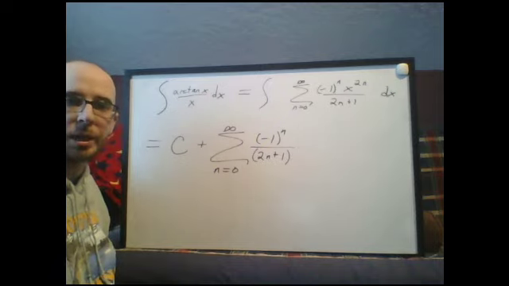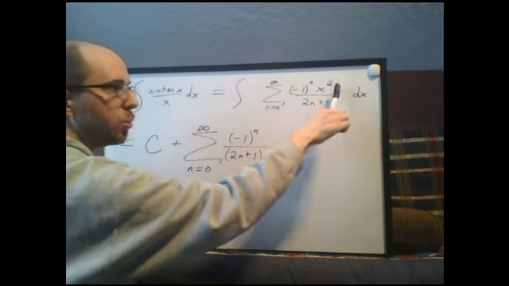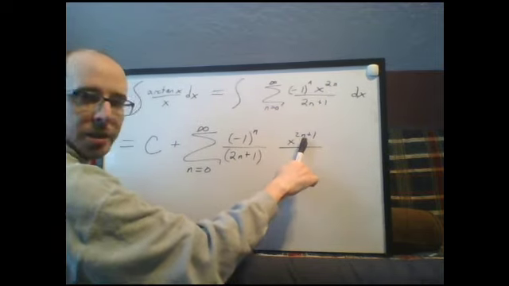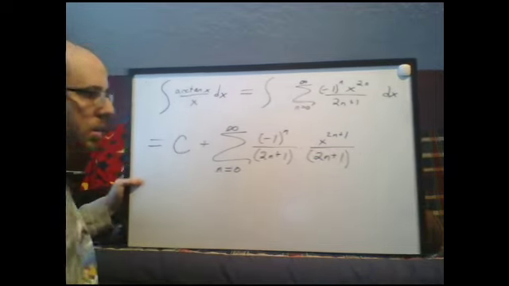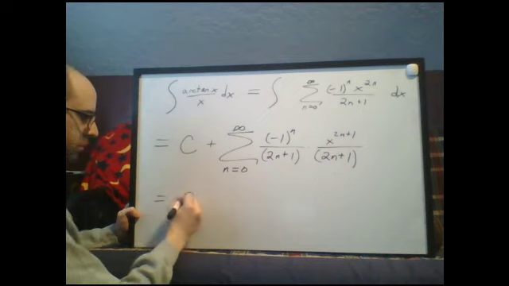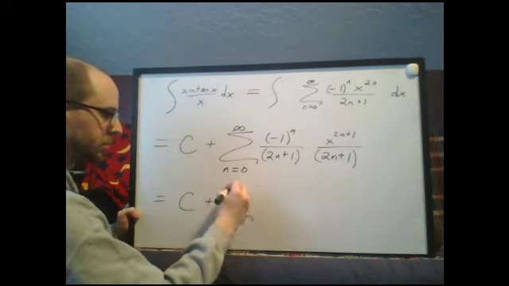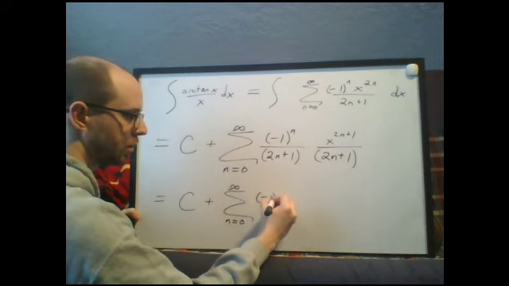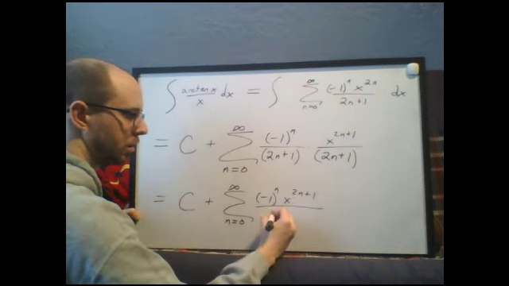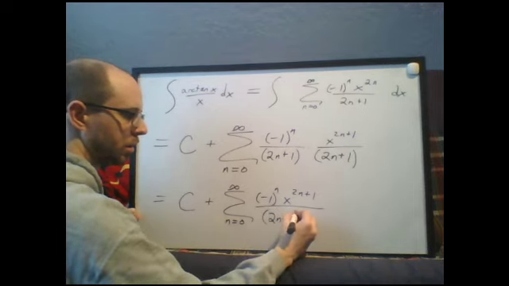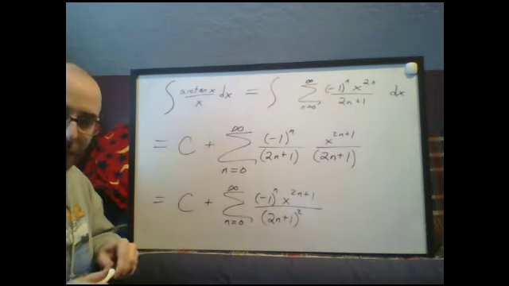X to the 2n becomes x to the 2n plus 1. You're adding 1 to that exponent, and you divide by this new exponent. So we can write like that, 2n plus 1 squared in our denominator.